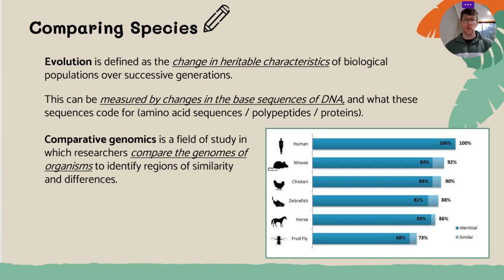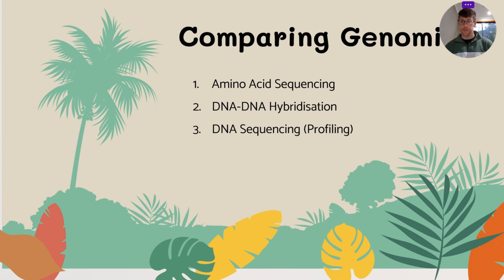That's really important to know, because it gives us an indication that we are much more closely related to mice than we are to, say, a horse or a fruit fly, probably more so the fruit fly, meaning that we've evolved more distinctly away from the fruit fly than the mouse. So with the mouse, we probably diverged and became new species at a much later time period than with the fruit fly.